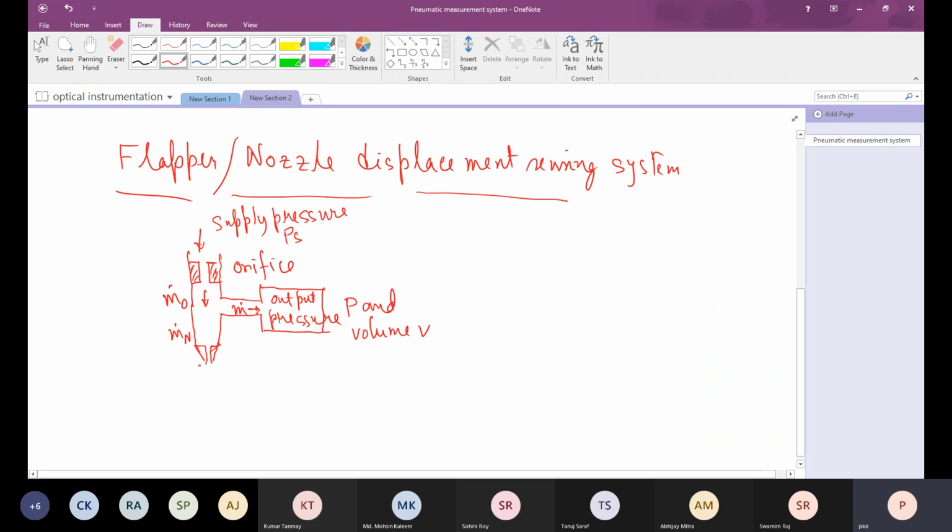Mn dot. So this is a narrow output through which air or gas is coming out.